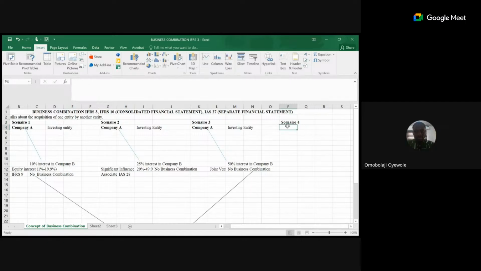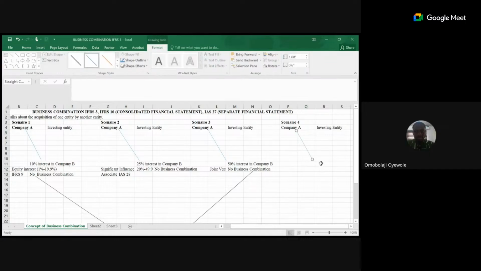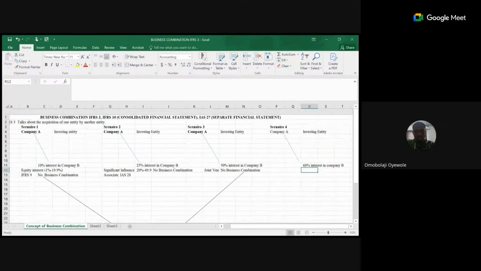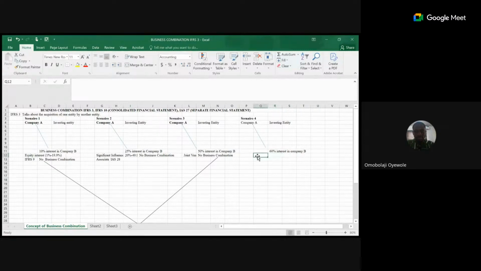So by scenario 4, company A, the investing entity, now acquires, let's say, 60% interest in company B. Now, if you look at this last scenario, this kind of interest is called a controlling interest.